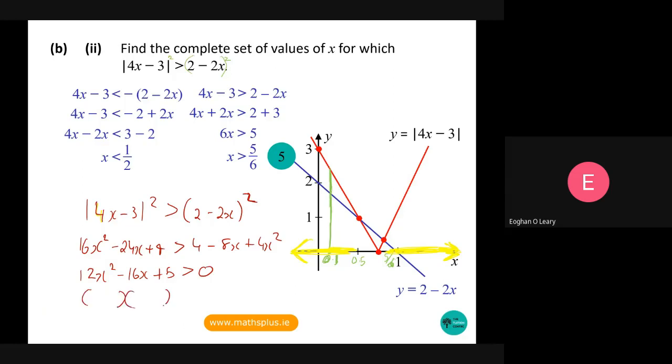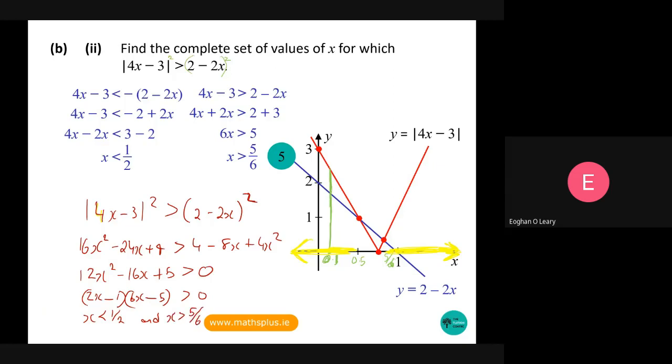So we know we're going to have a -1 and a -5 here at the end using our brackets method. And what are we going to have here? Well, we're going to have a 2x in the first bracket and a 6x in the second bracket, because when we multiply that out, I'm going to get 12x squared minus 16x plus 5. Now when I go from there to solve, I'm going to end up with my same answers. X is less than a half and x is greater than 5/6.